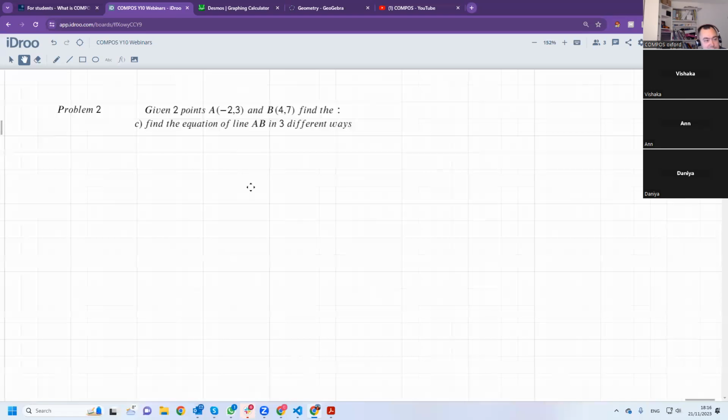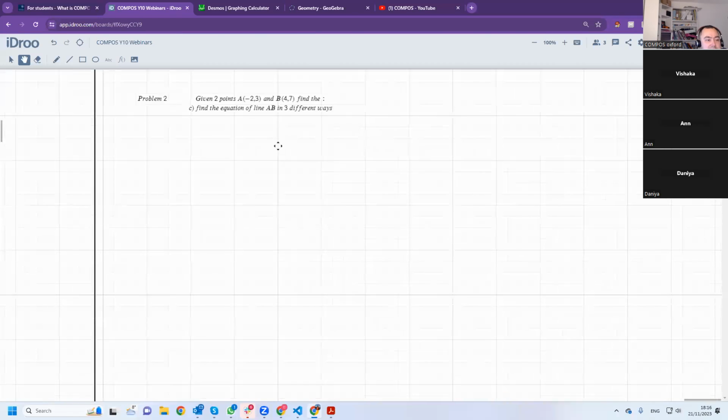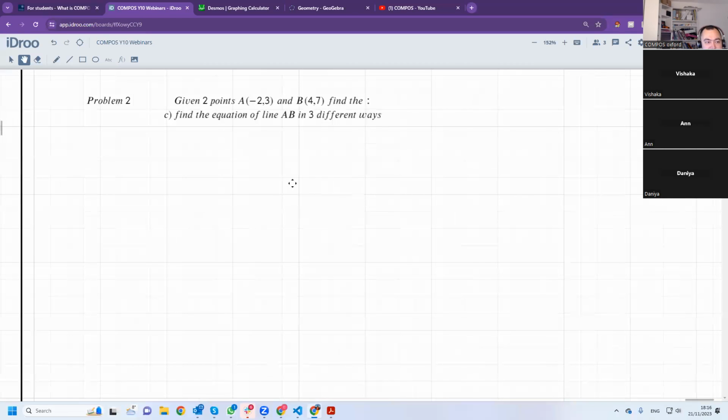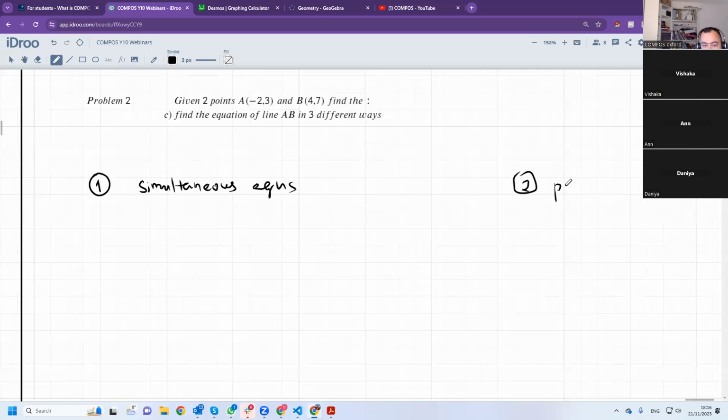Given the same 2 points, find the equation of the line AB in 3 different ways. Okay, so 3 different ways. What am I talking about? First is the simultaneous equations approach. Second is the point slope formula.